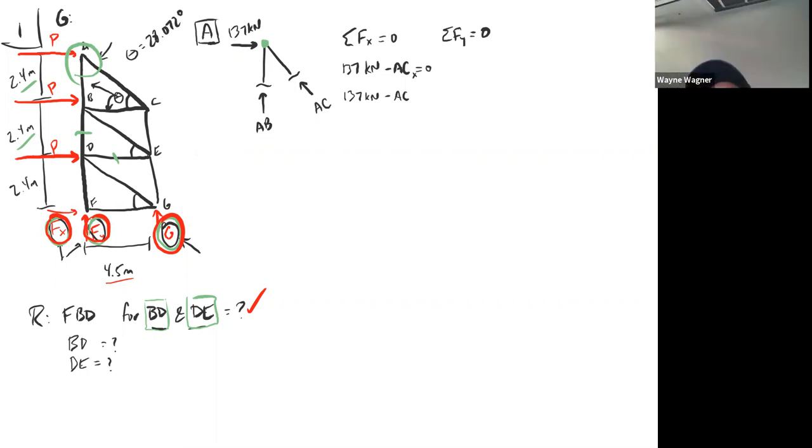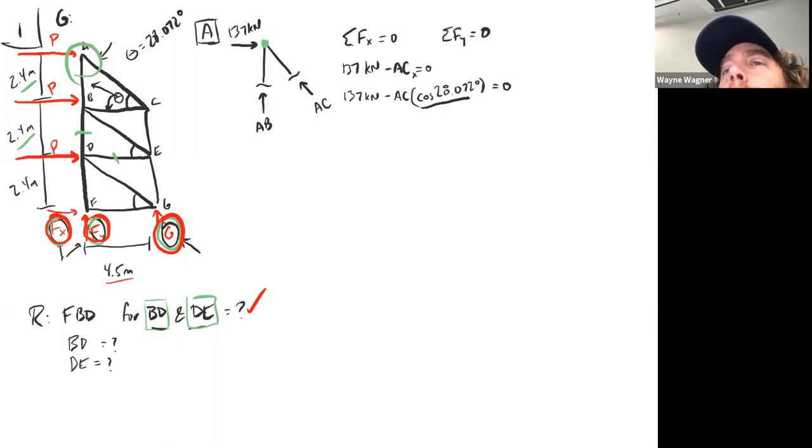Okay, I actually prefer not to do that. I prefer to do sines and cosines. So here, for example, AC in the x is going to be the cosine of that angle, 28.072 degrees. But this is very ugly to me.